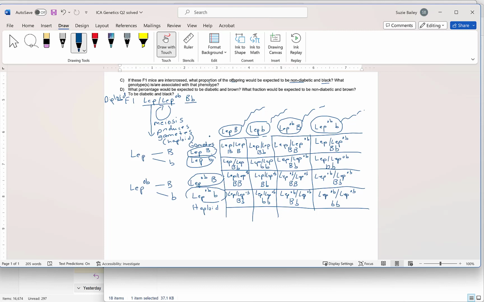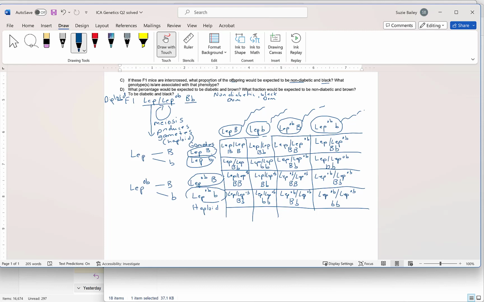So we have to remind ourselves of the dominance relationship for our two genes and the alleles at these two genes. So for the leptin gene, remember that being non-diabetic was actually the dominant trait, as was black fur. These are both the dominant trait, right?